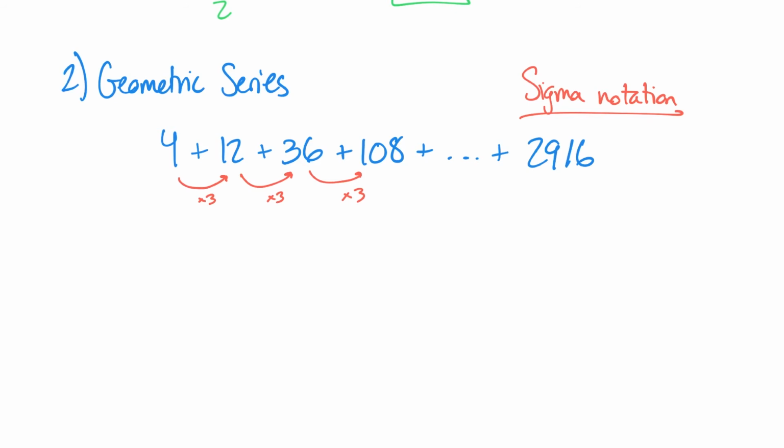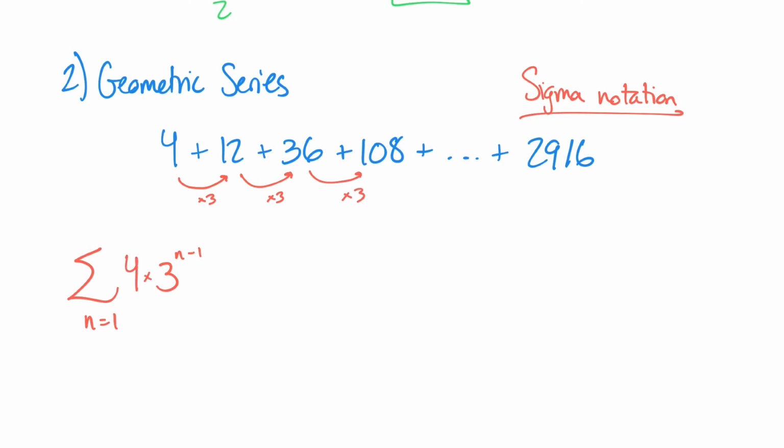So we start with our sigma notation here on the left. We're going to start at 1. And we know that the first term, because I'm going to have a 3 here that's going to be multiplying every single time, but not the first term. So 3 is going to be to the power of n minus 1 times 4.